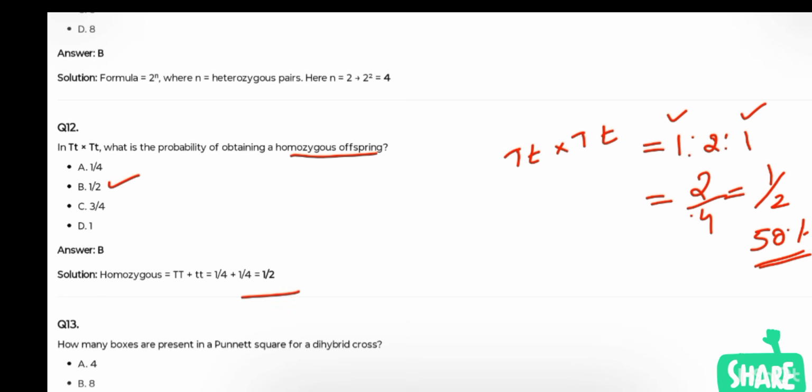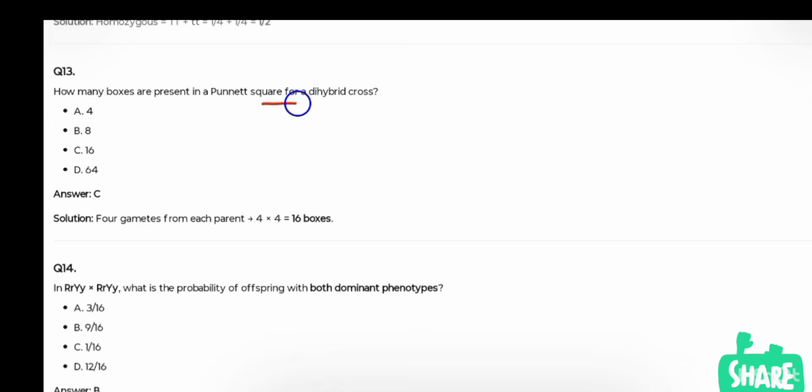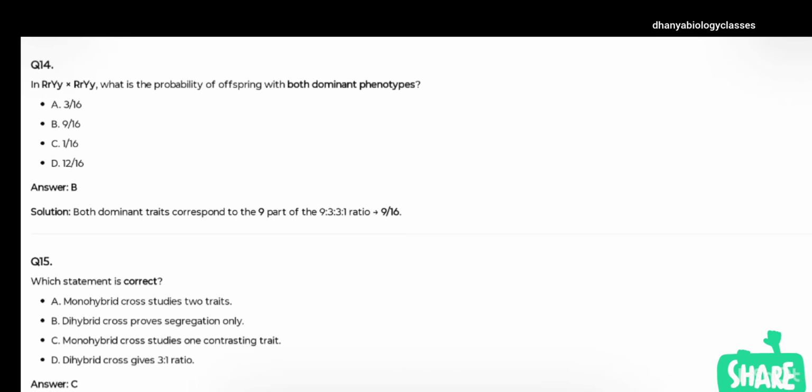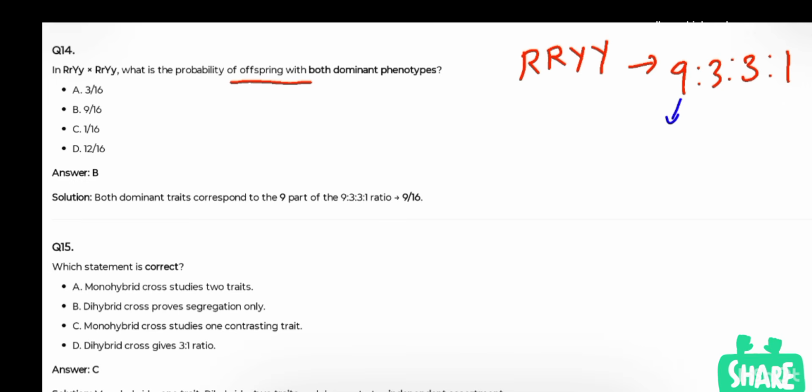Option B. The direct question: how many boxes are present in the Punnett square for dihybrid cross? Option C, 16. Then capital R small r capital Y small y crossed with capital R small r capital Y small y. What is the probability of offspring with dominant phenotype? Dominant phenotype means capital R, capital Y, right? So the dominant phenotype is 9 in the ratio 9:3:3:1. This 9 is round yellow, this 3 is round green, this is wrinkled yellow, and this is wrinkled green.